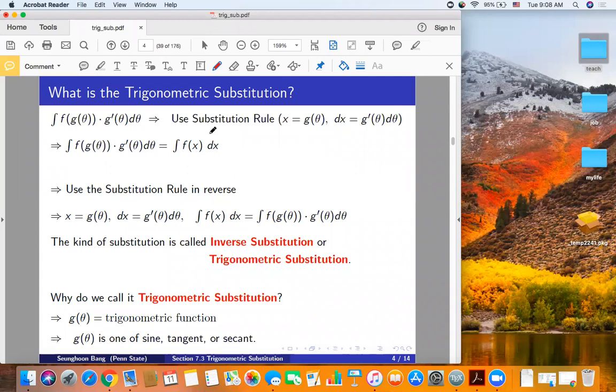You can choose a cosine function, but the result is exactly the same as for sine. If you choose cotangent, it is exactly the same as tangent. You can choose cosecant, exactly the same as secant. So what does it mean? Only choose three possibilities: sine function, tangent function, secant function. So we call it trigonometric substitution.